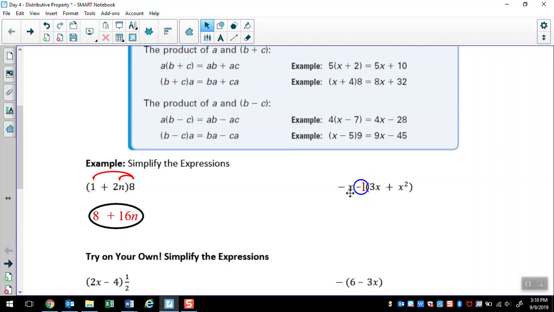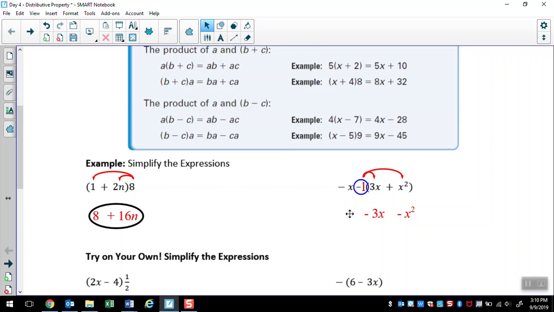All right, so now let's take this negative 1 and distribute it. So I'm going to distribute it to the 3x, which then gives me negative 3x. I'm then going to take this and distribute it to the x squared. So negative 1 times x squared gives me a negative x squared. All right, now what about this negative x here?